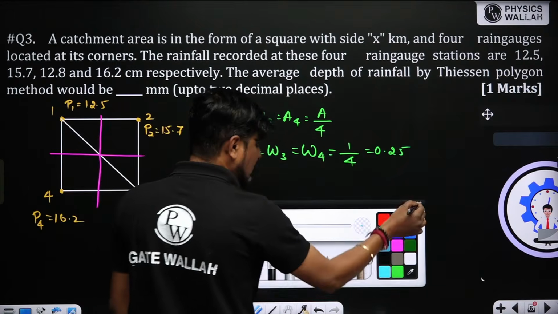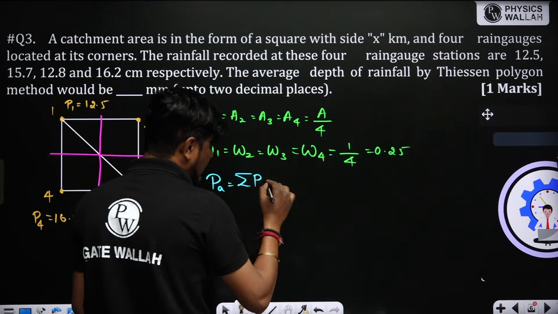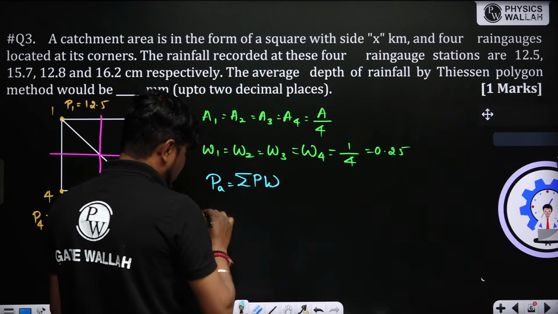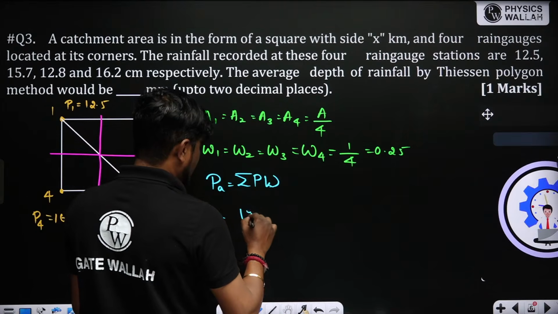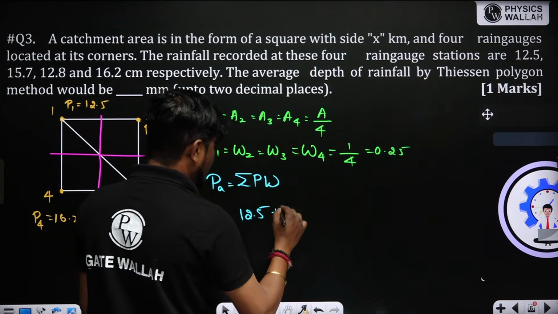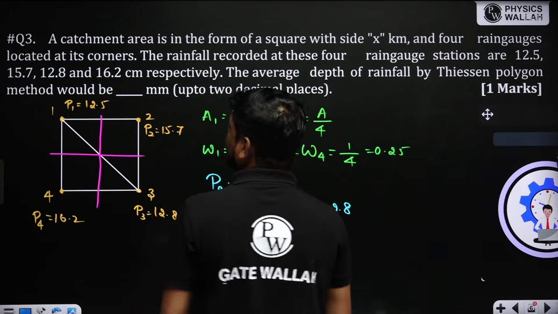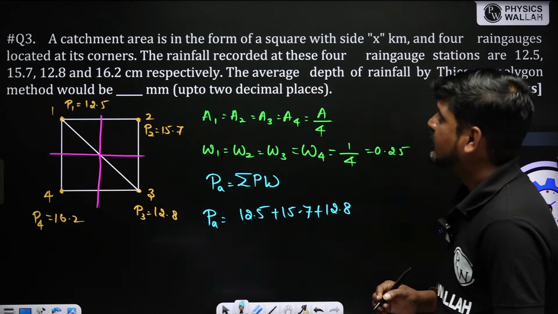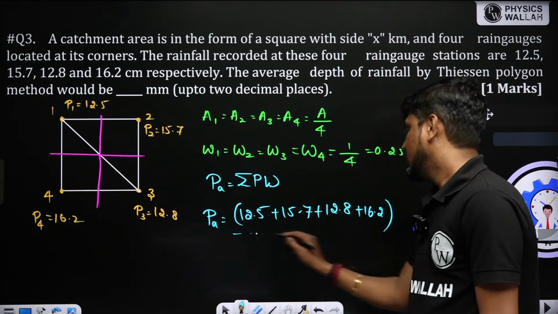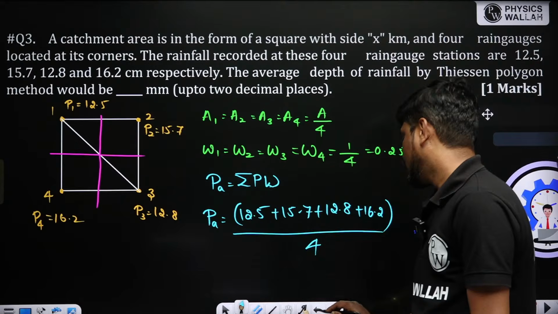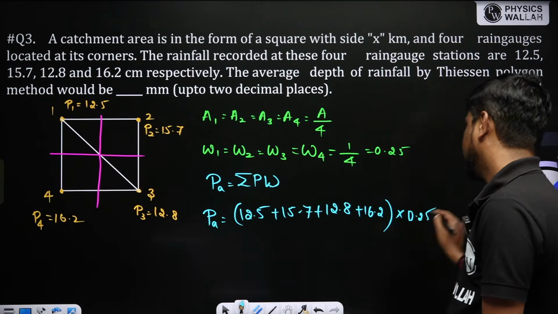If you go by the Thiessen polygon method, PA is equal to summation of P into W. So PA is equal to 12.5 plus 15.7 plus 12.8 plus 16.2, multiplied by 0.25.